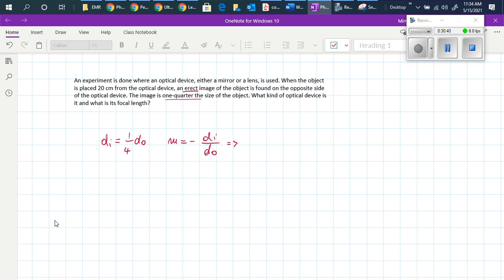Then we can figure out that DI is negative 20 centimeters over 4, or negative 5 centimeters. Okay, so since DI is negative, that means that you are dealing with a virtual, erect image.